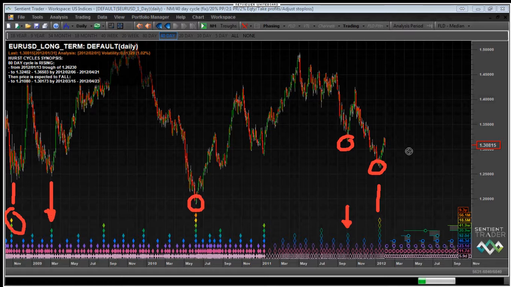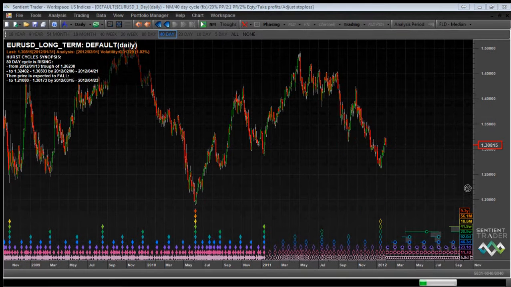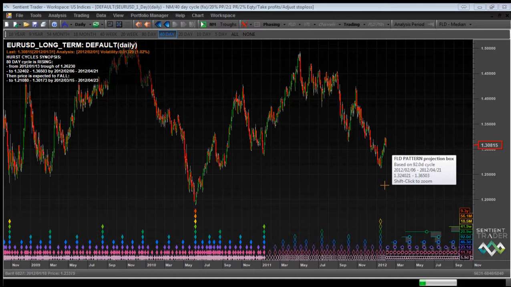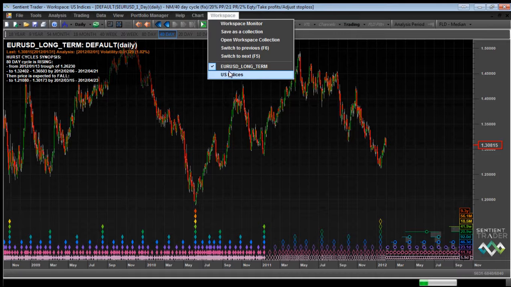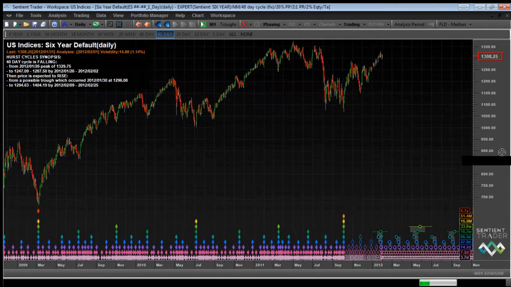So there is a fascinating analysis to be done in comparing the magnitudes of the different cycles as they are playing out in the different markets. What is my summary for all of this?